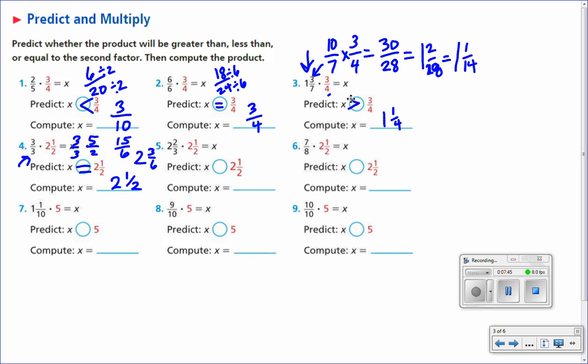Now predict this. 2 2/3 of 2.5. Take what you know about greater than and less than, and is the product going to be greater than or less than 2.5? What do you think? Think.